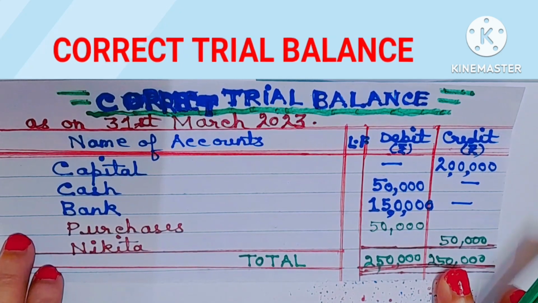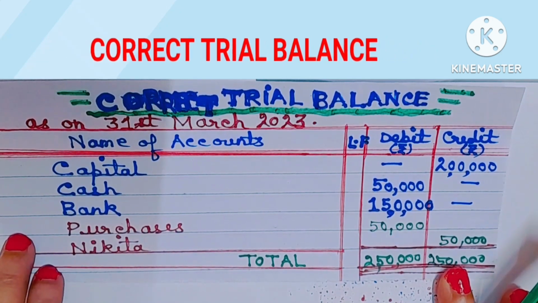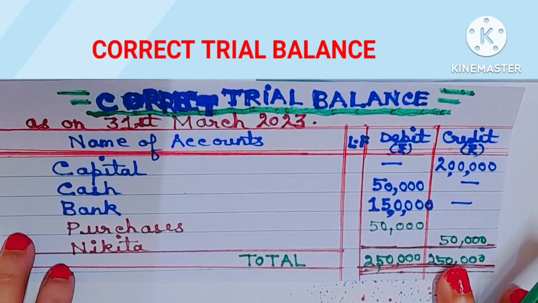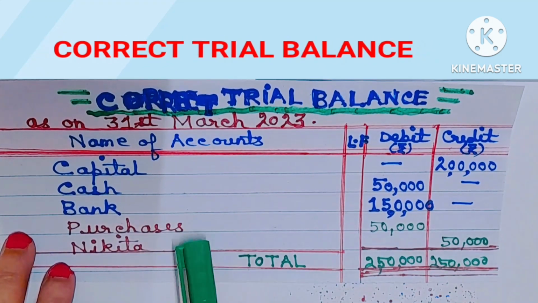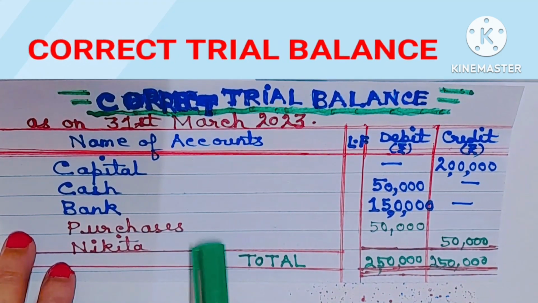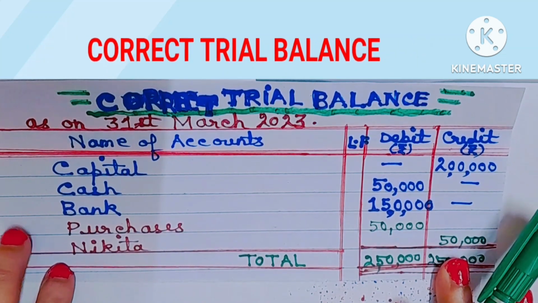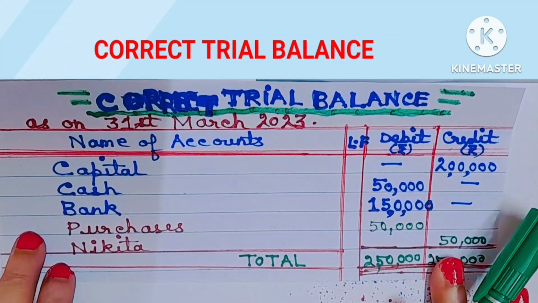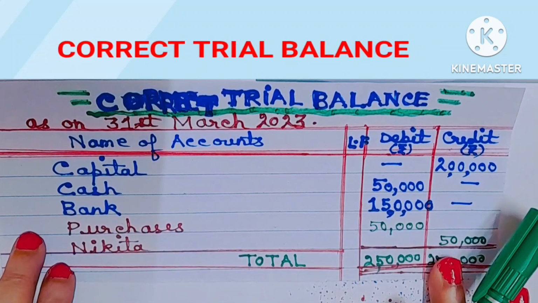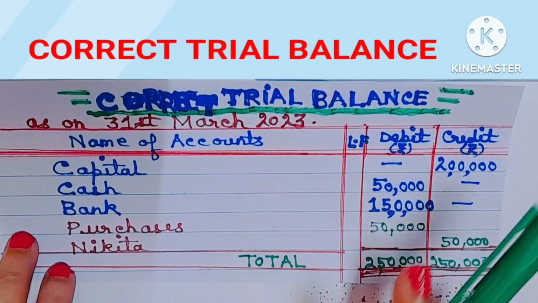I have already shown you in the errors of complete omission, with an example, that even though the purchases account and Nikita account were not recorded in the trial balance, the total of the trial balance did tally, though the trial balance is incorrect and incomplete. Now let me show you this one-sided error.